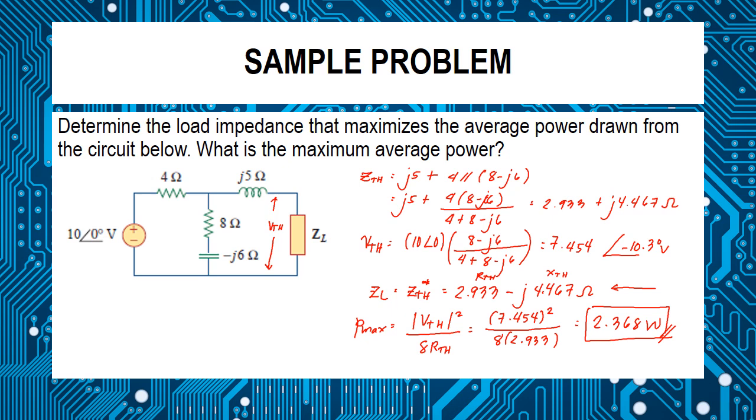So we have VTH as 7.454 squared all over 8 times, in the rectangular form of our impedance, 2.933 plus J4.467. So we know that this is RTH and this is XTH. So RTH is 2.933 and this will be equal to 2.368 watts.